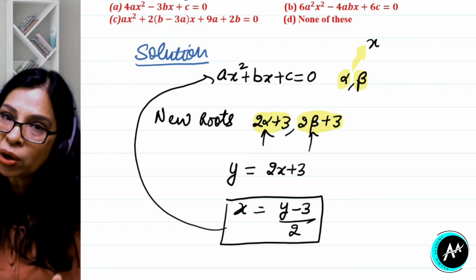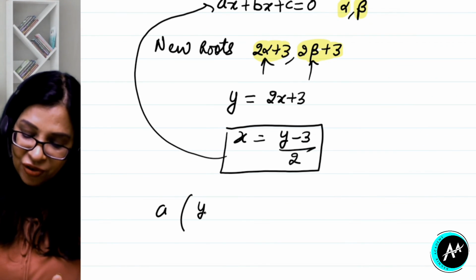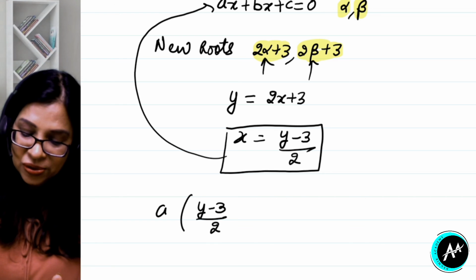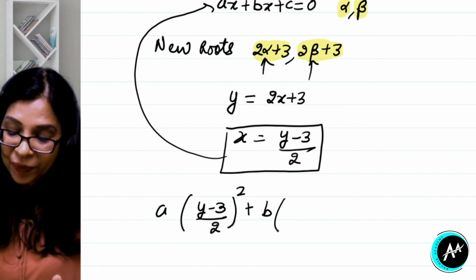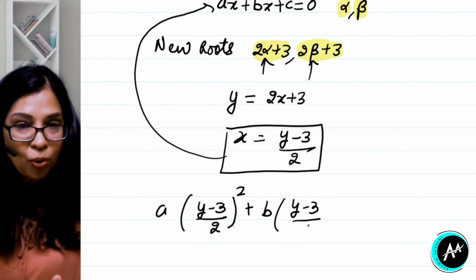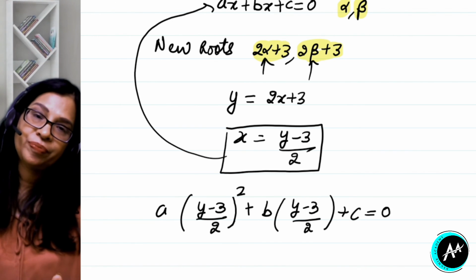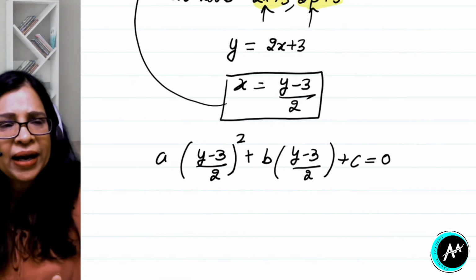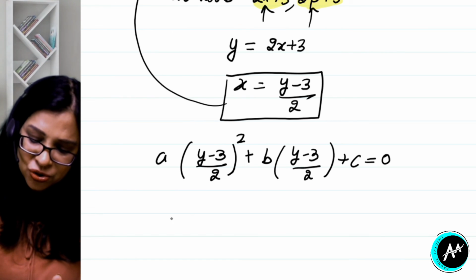That will give us the new equation. So I put a into ((y minus 3) upon 2) whole square, plus b into (y minus 3) upon 2, and plus c is equal to 0. And you know that whether we write the equation in terms of y or x is the same thing. So let us write it in terms of x.